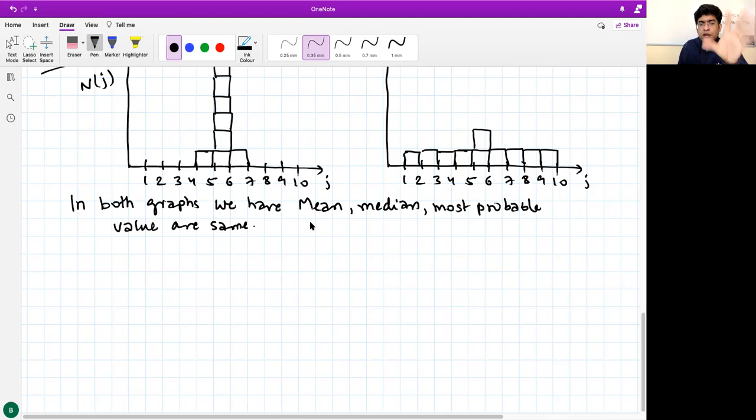So there is something, if you see carefully: the spread of data. In this case, the data is not spread out too much. It's about the mean. All right. Now in this case, it's spread out over a larger range.